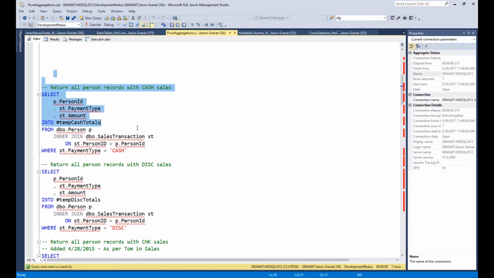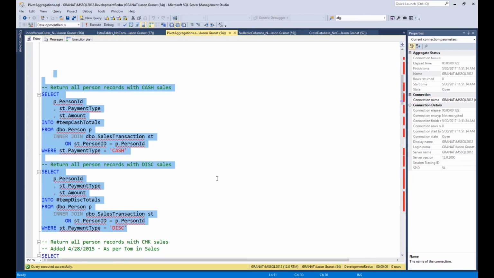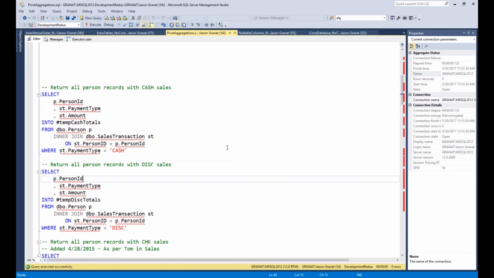So I've seen things like this where they'll write data into temp tables, right? So we'll write our cash stuff right into cash totals. We'll write our Discover stuff into Discover totals, right? So we insert a couple of records, and then we're going to work with these data sets in just a few.